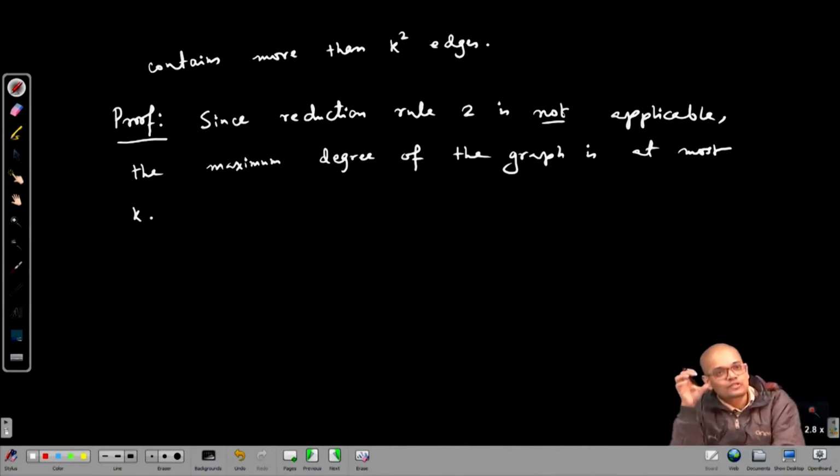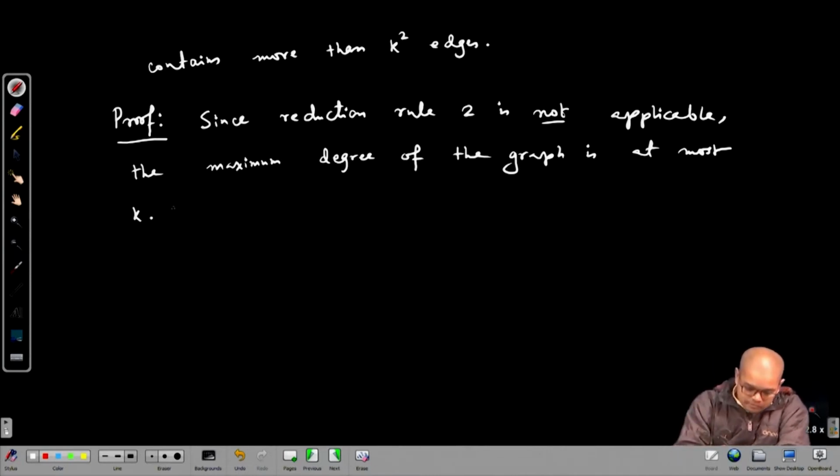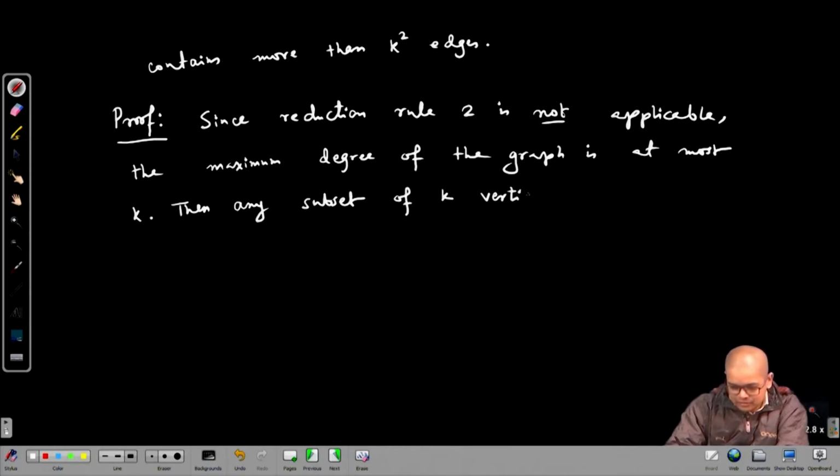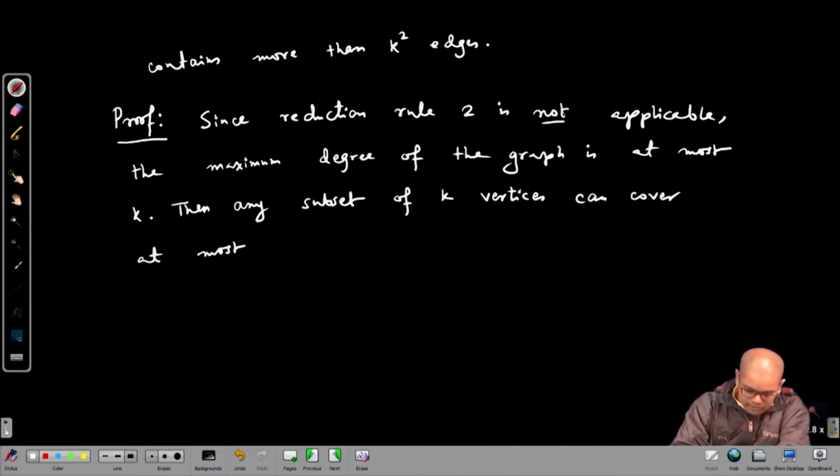Now a vertex cover of size at most k can cover at most k square edges, because the degree of every vertex is at most k, so any subset of k vertices can cover at most k square edges.